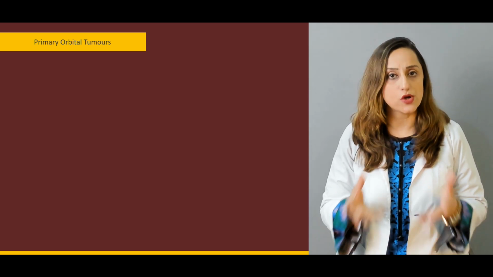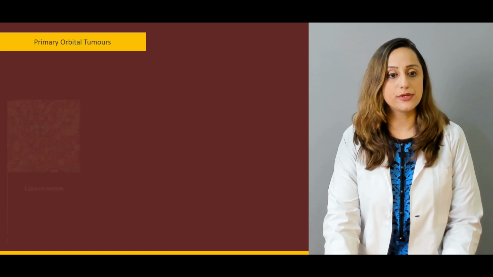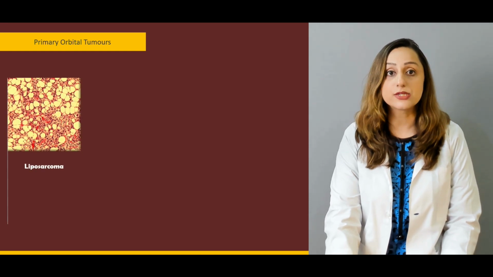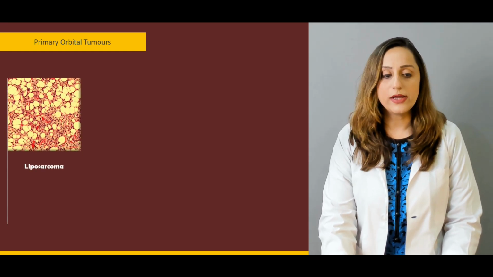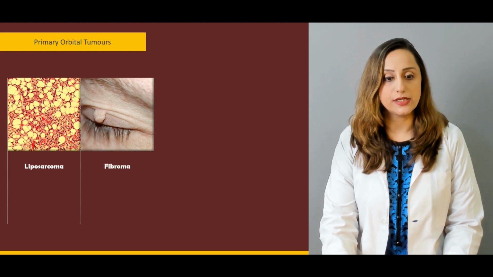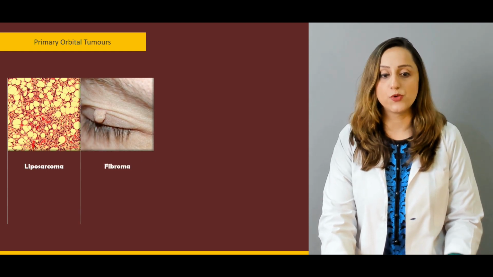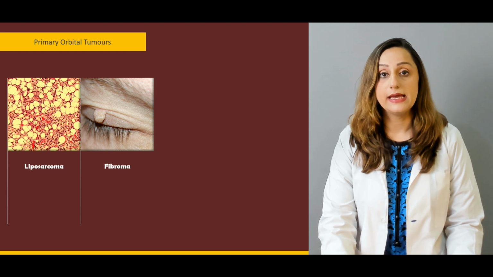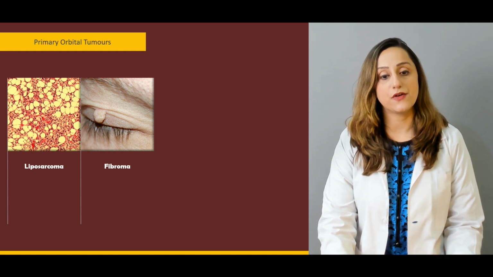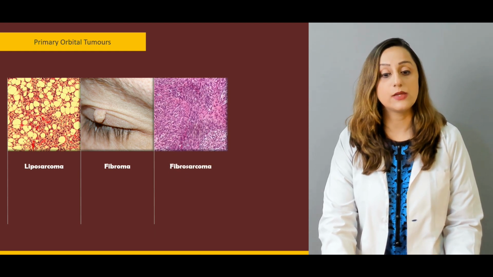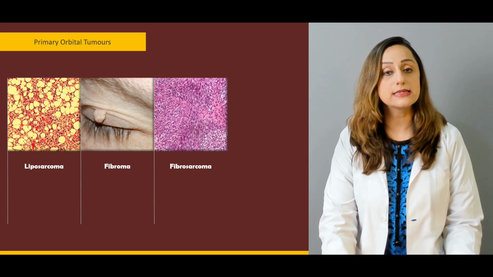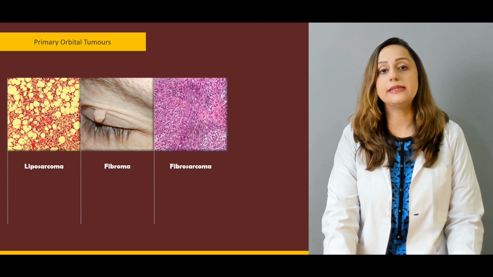Now, there are different sorts of primary orbital tumors that we must know. One of them is liposarcomas. Then we can have fibromas that would involve the fibrovasculature of the orbital cavity. And then we have fibrosarcomas. They are a sort of malignancy.